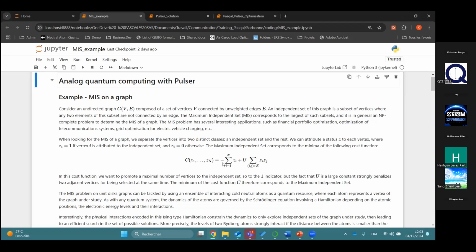If we put a negative sign, then it will turn into a minimization problem. Our objective will be to make this number as small as possible, which means that we are selecting the largest possible set of nodes. The second term, this quadratic term, incorporates simply the edges. So whenever there is an edge running in between two nodes, the value of this is 1, and therefore the value u, a constant, is getting added to the cost function.